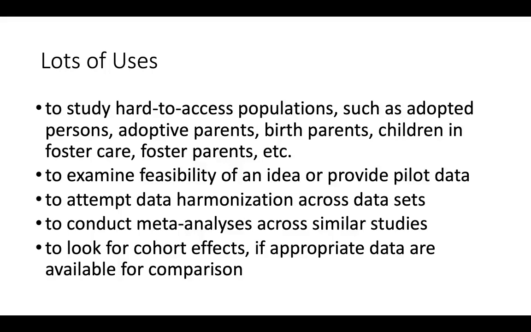And meta-analysis means that, let's say, if you have a dozen studies that are all looking at a particular phenomenon related to adoption, like what is the effect of a particular kind of thing on a particular outcome, then you look across the studies, how many of them found what kinds of results. So that's another very valuable use of secondary data.